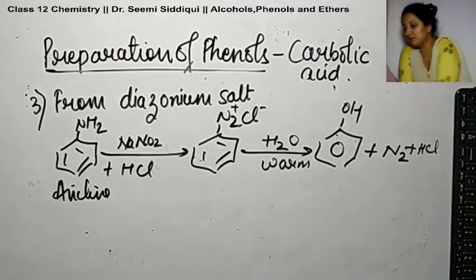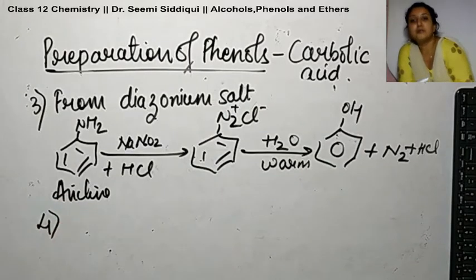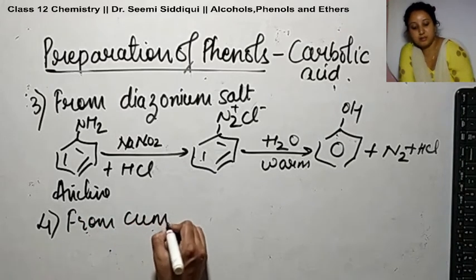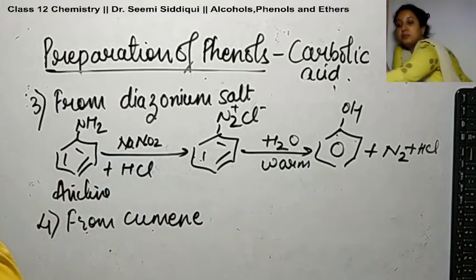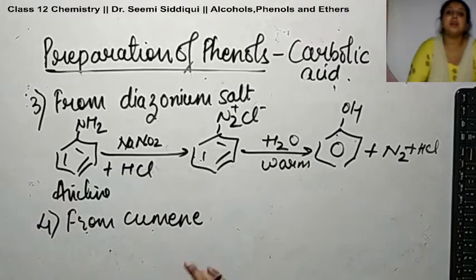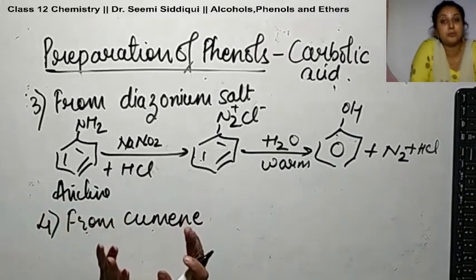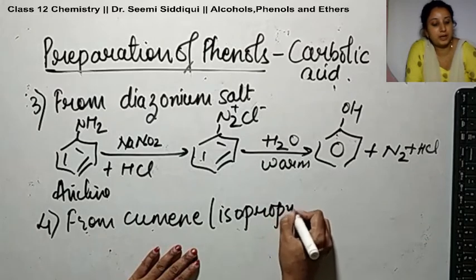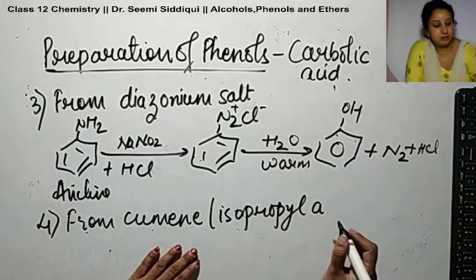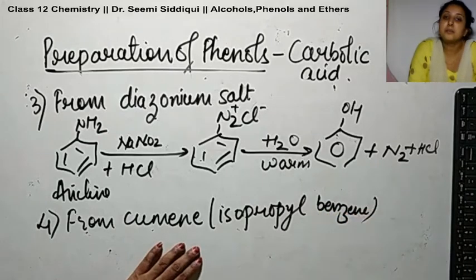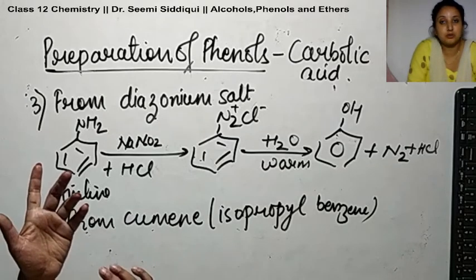Coming to the fourth preparation, from cumene. When we talk about cumene, you should always remember that cumene is also called isopropyl benzene. Besides isopropyl benzene, just try out its other names while naming.